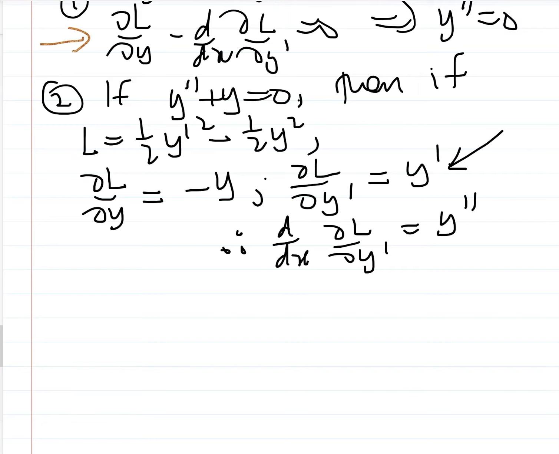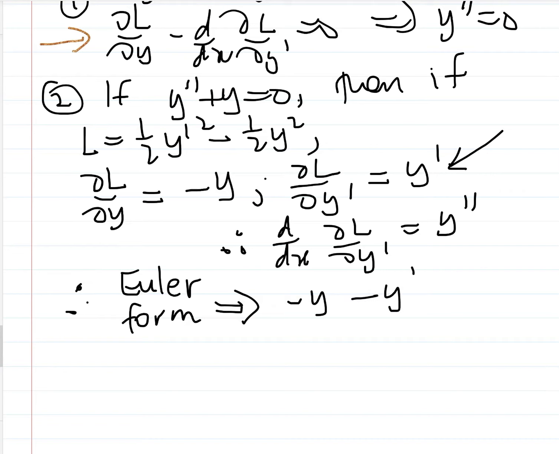So we get, therefore, the Euler form gives, minus y double dashed.